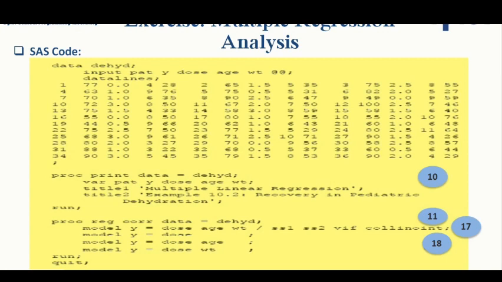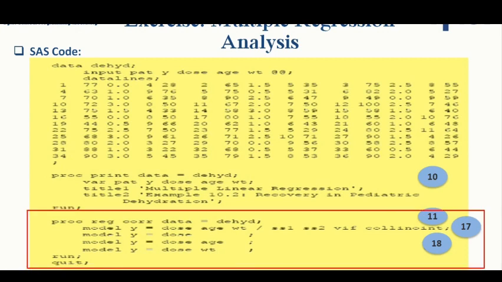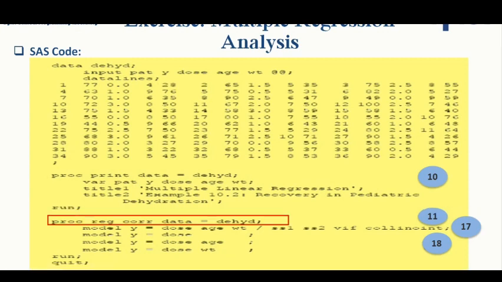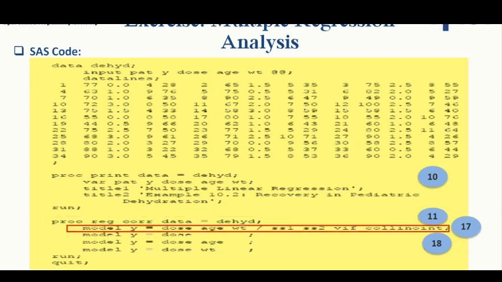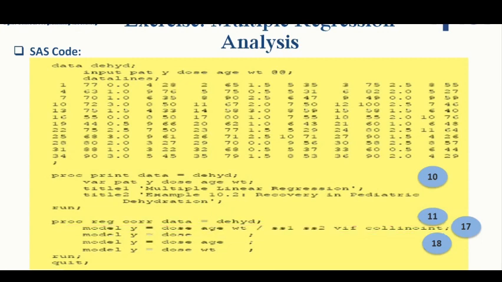You are asking SAS to print the data also, and here you observe that you are using proc reg. You are asking the proc to give the correlation coefficients matrix also. Model Y equal to dose, age, weight. Model Y equal to dose.